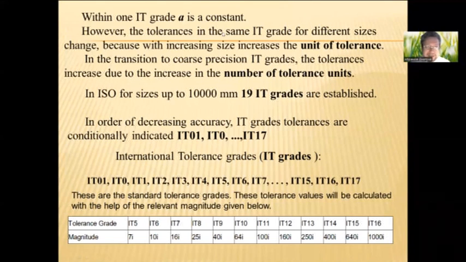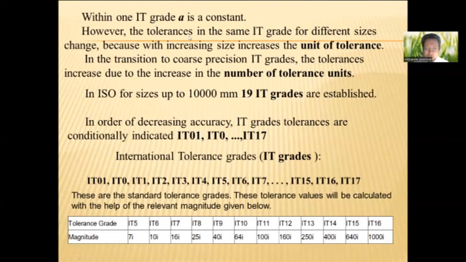Within one IT grade, A is a constant. However, the tolerance in the same IT grade for different sizes changes because with increasing size the unit of tolerance increases. In the transition to coarser precision IT grades, the tolerances increase due to the increase in the number of tolerance units.